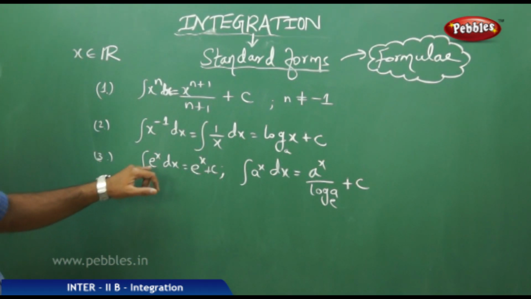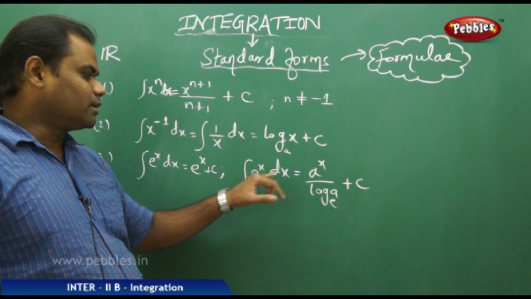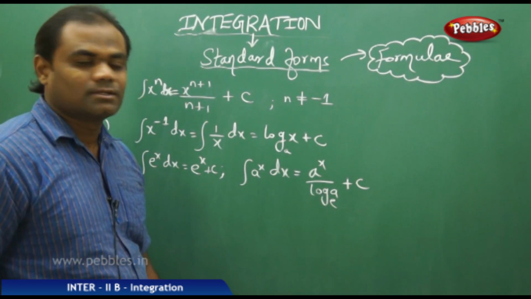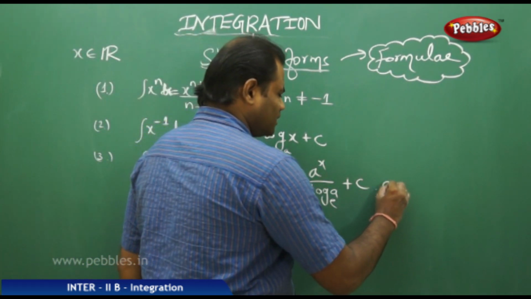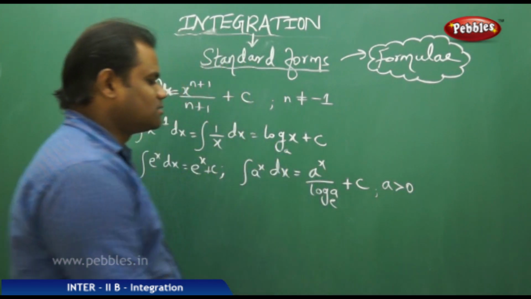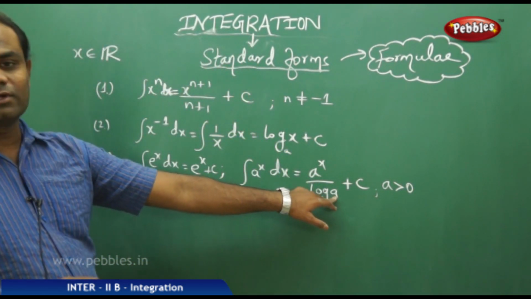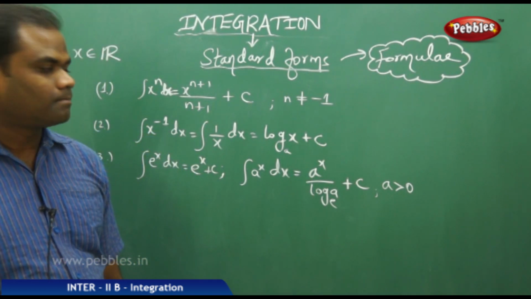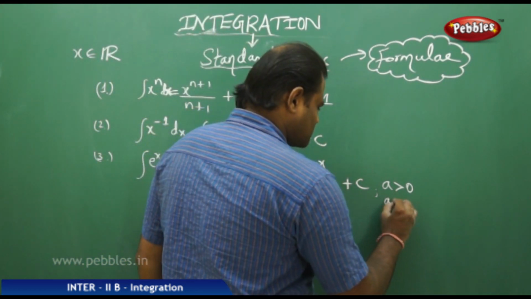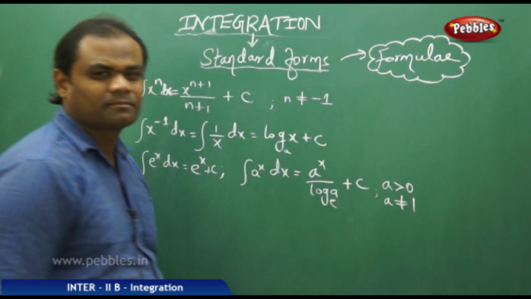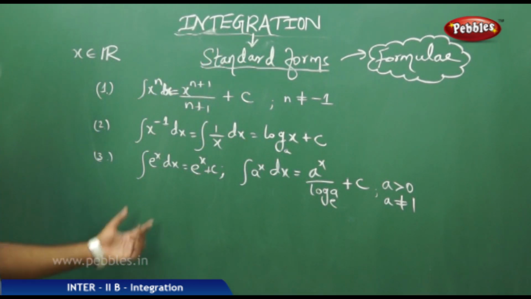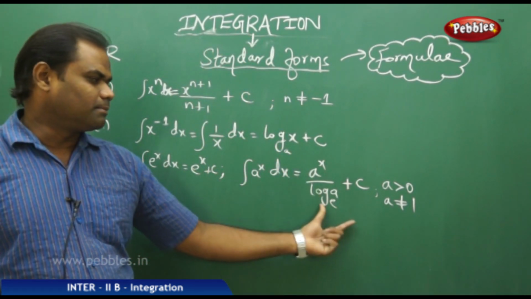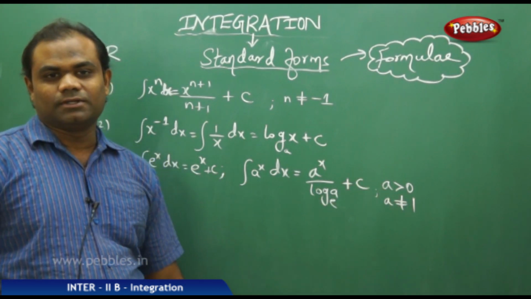The difference is this is exponential and this is general a, for which I assume that a is greater than 0, because for a negative, log is not defined. So I take a greater than 0 and a is not equal to 1. So using this we get the formula for e power x and a power x with plus c out here.